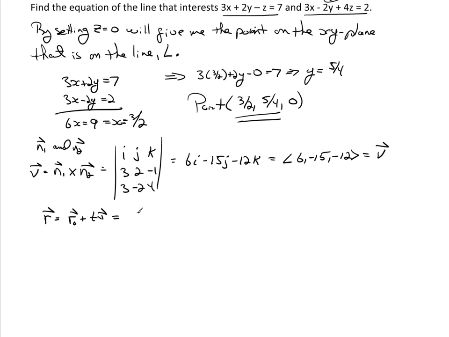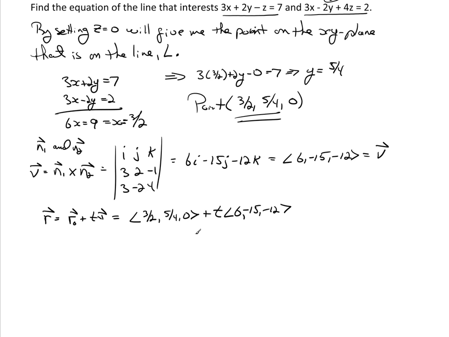So the equation for this line, I can write as (3/2, 5/4, 0) plus t times v, which is (6, negative 15, negative 12). So there's an equation for the line that intersects the two planes.